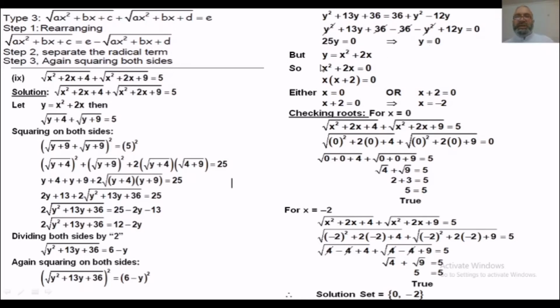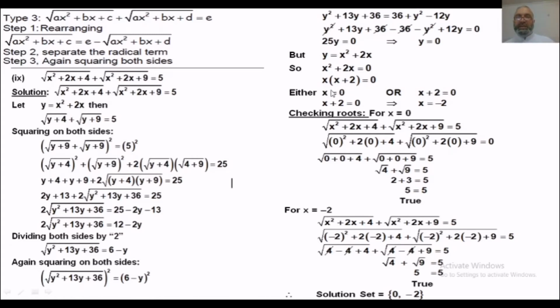But we have already substituted y is equal to x square plus 2x. Thus, by back substitution, when y is equal to 0, this means x square plus 2x is equal to 0. Taking x common from the left side, we get x into x plus 2 equal to 0.